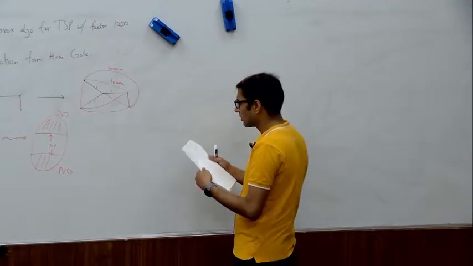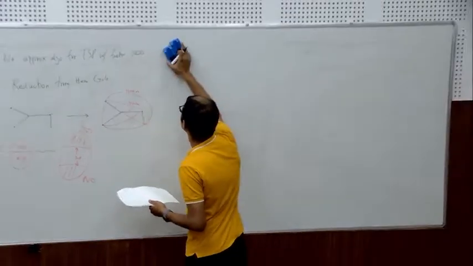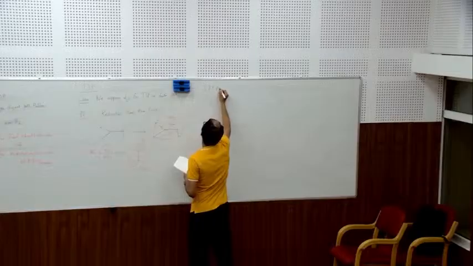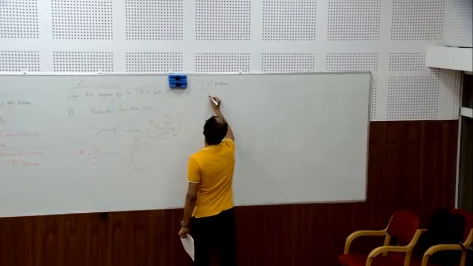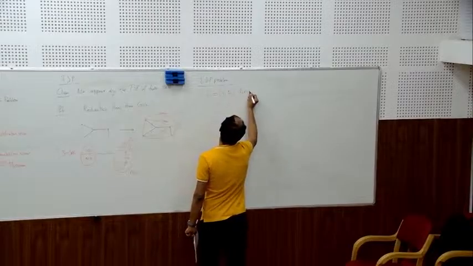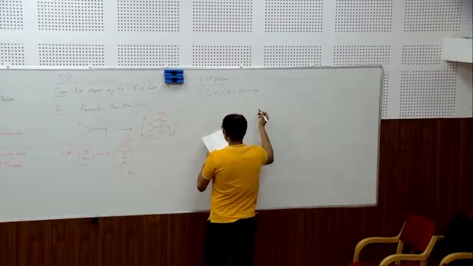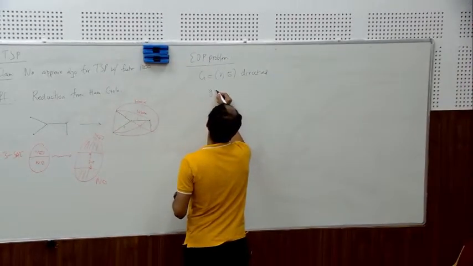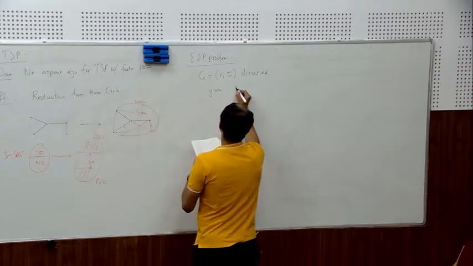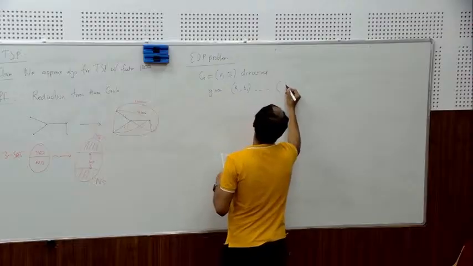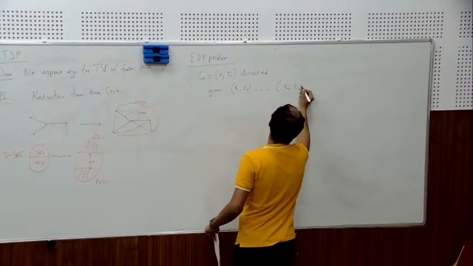So let's introduce what the edge disjoint paths problem is. The EDP problem. You are given a directed graph, and a collection of source-sink pairs S1T1 all the way up to SMTM.